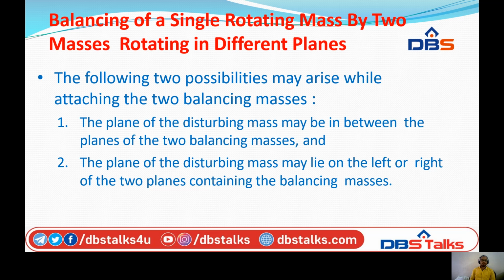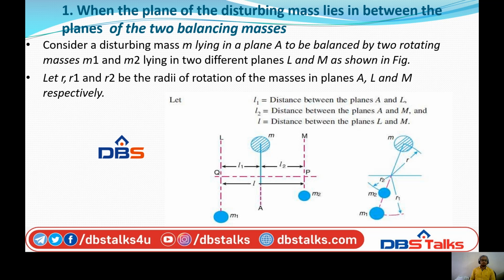One is that the plane of the disturbing mass may be in between the planes of the two balancing masses, and the second is that the plane of the disturbing mass may lie on the left or right of the two planes containing the balancing masses. So let us go to the case where the plane of the disturbing mass lies in between the two balancing masses.